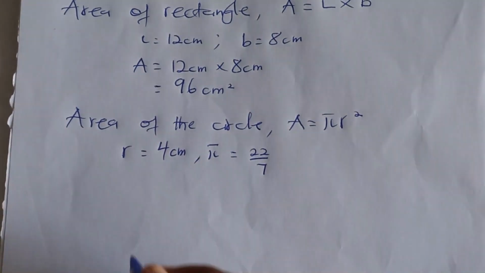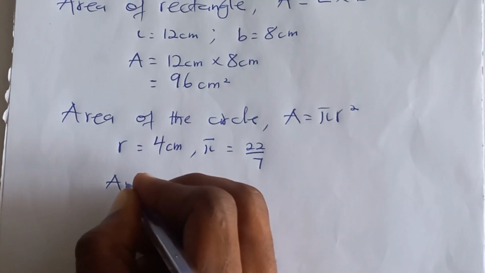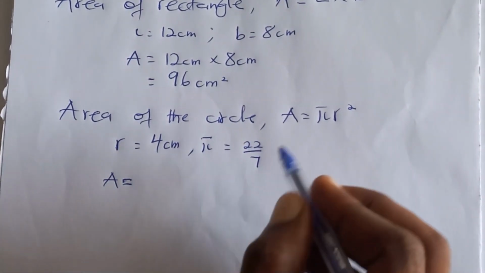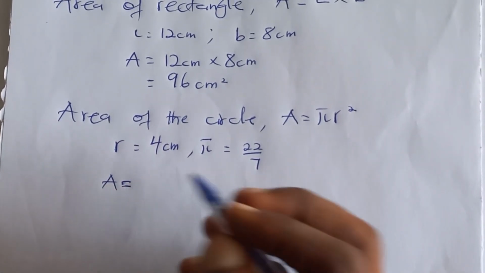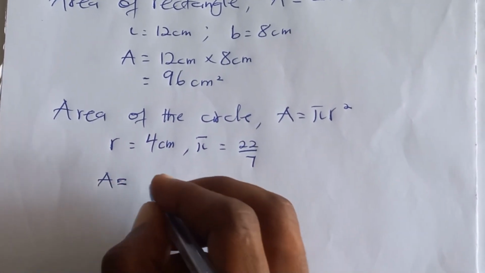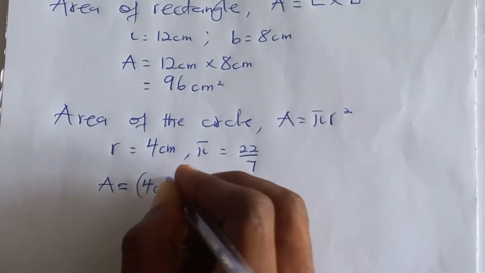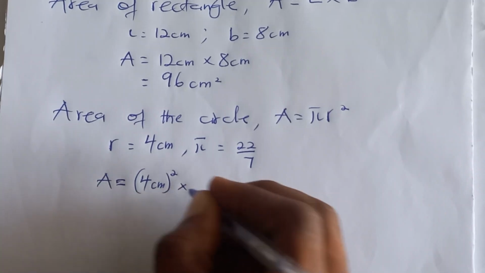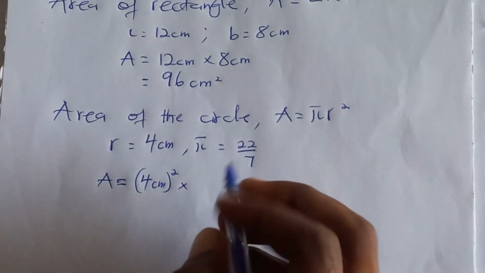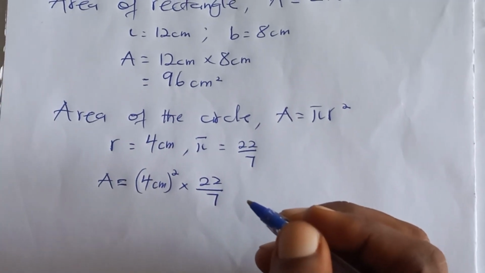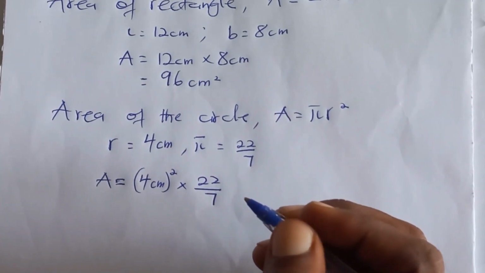So now we can calculate the area of the circle, which is A equals pi times the radius squared. And the radius is what? 4 centimeters. So we have 4 centimeters squared multiplied by 22 on 7.